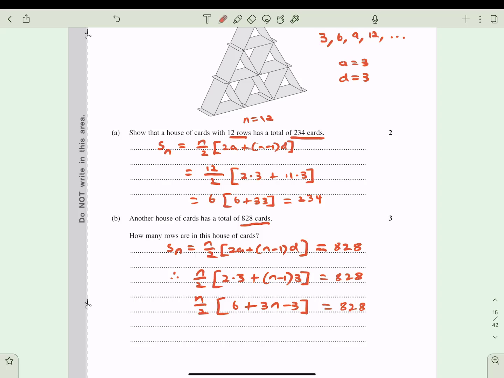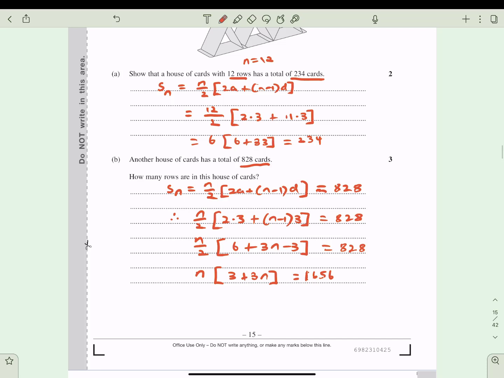So I move the 2 over, so it's going to become n times, 6 minus 3 is going to be 3, plus 3n equals 828 times 2, which is equal to 1656. Okay, so n times (3 plus 3n) equals 1656. Therefore, n times 3, so 3n, times (1 plus n) equals 1656.